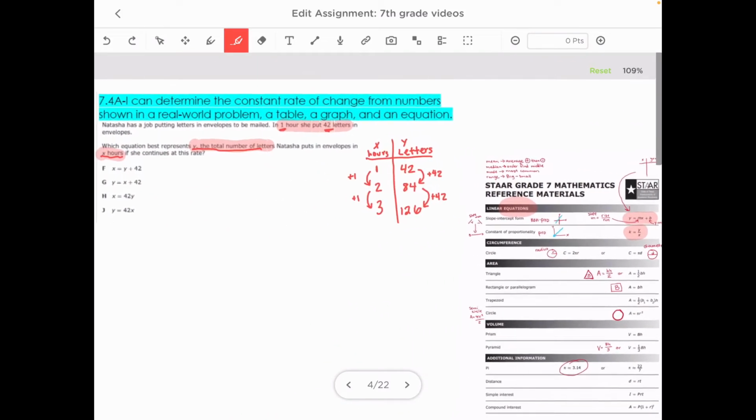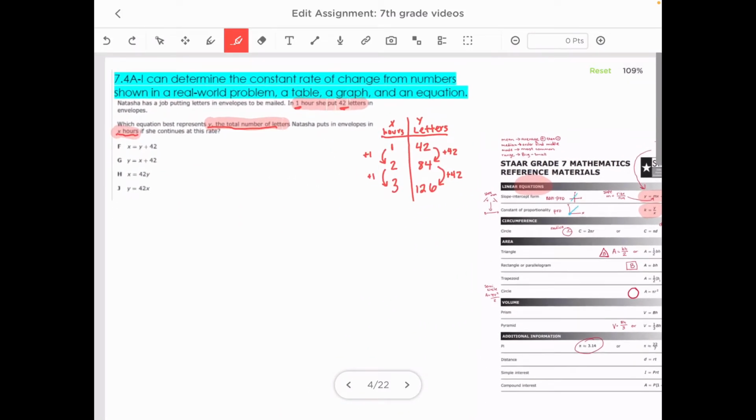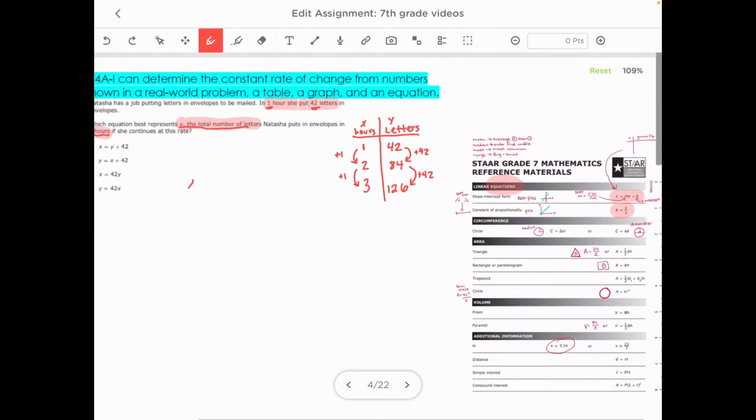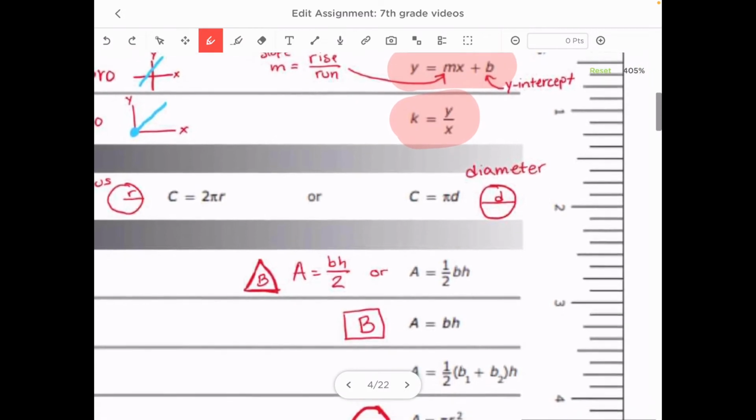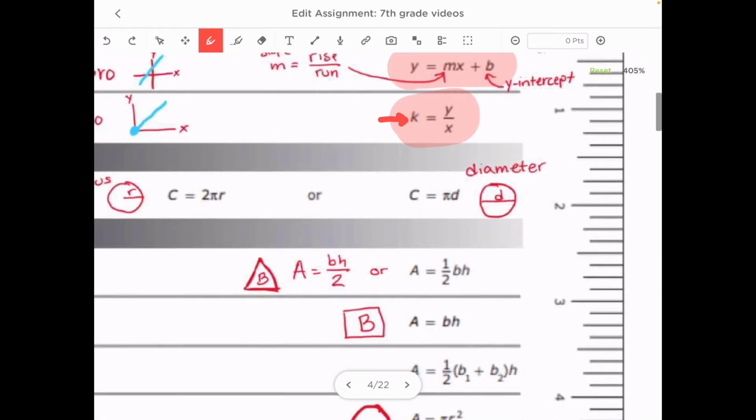Now, we're actually going to use both of them, okay? Remember that I told you that k is the same thing as m, right? So once we find our k, we're going to be able to plug it in over here to this equation.